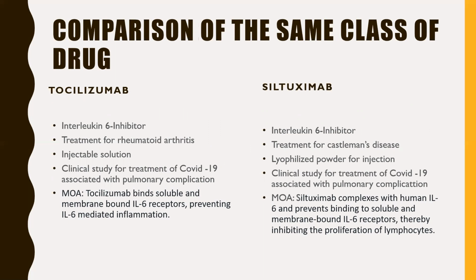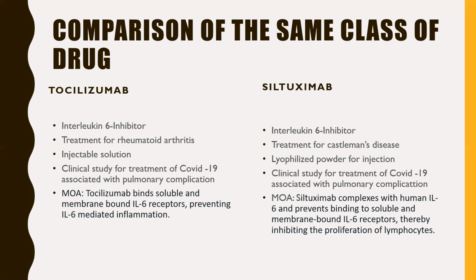Tocilizumab is available as an injectable solution, but with siltuximab, we have a dosage form, lyophilized powder for injection. They are both in clinical study for treatment of COVID-19 associated with pulmonary complication. Actually, they are already in phase 3 clinical trial.